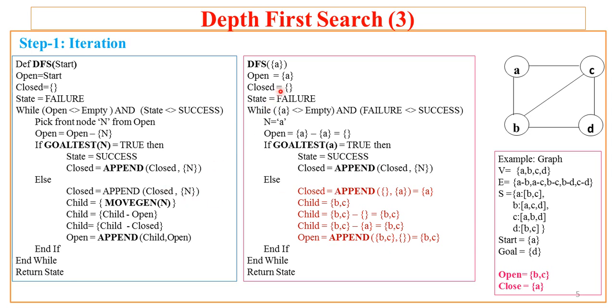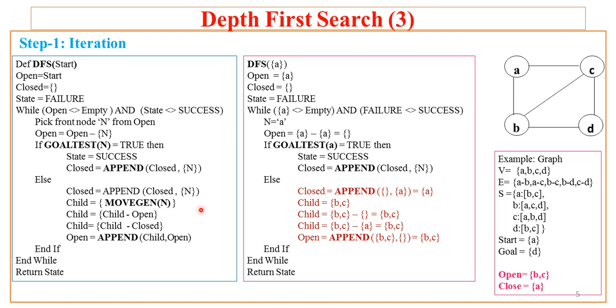Initially closed is empty, so to this empty closed list it appends A. So closed has one element, A. At this point of time open is empty and closed has one node, the start node.